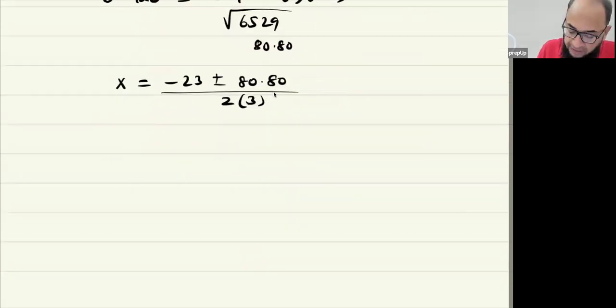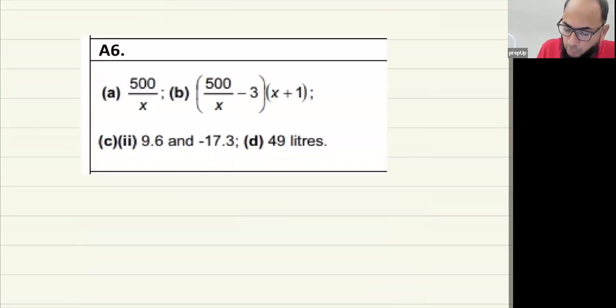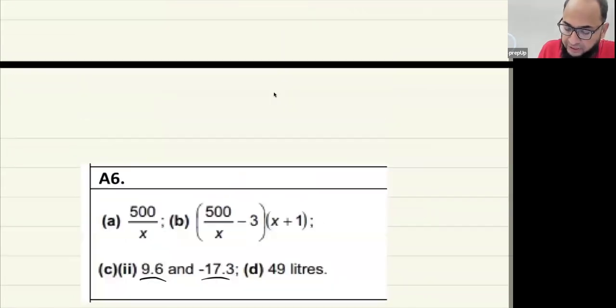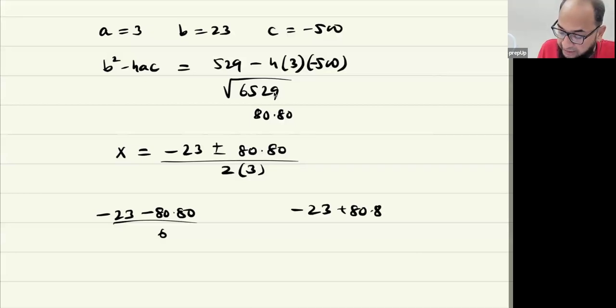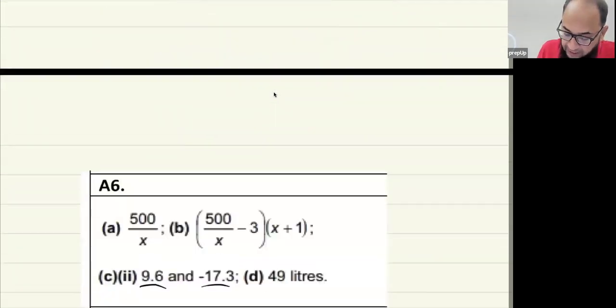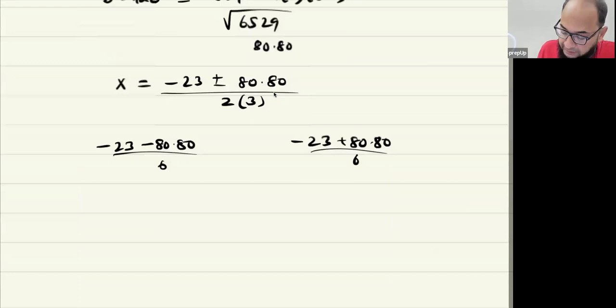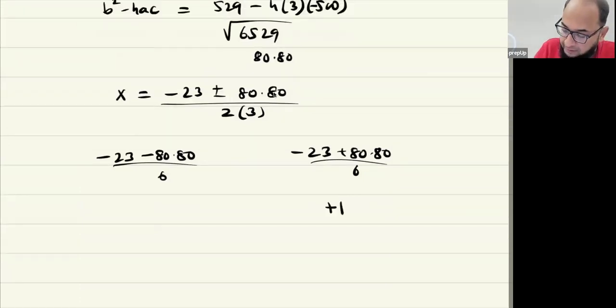So now I'm getting two answers. One answer is negative 17.3, the other is 9.6. Negative 23 minus 80.80 over 6. Negative 23 plus 80.80 divided by 6. Positive 9.6, this is positive 9.6. This is negative 17.3.